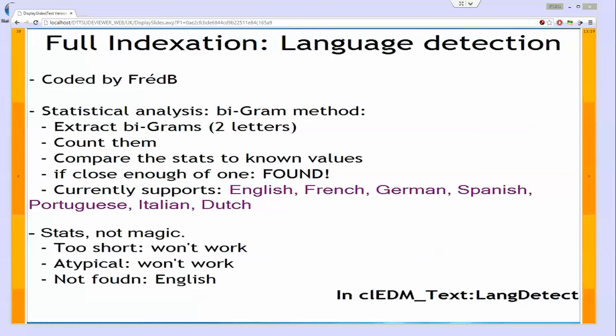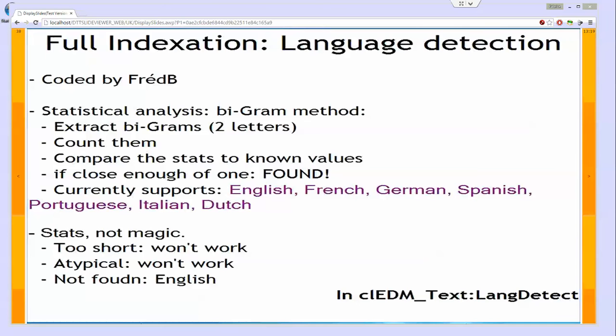He tried it also with the 3 letter at a time method, and he found out that he had better result with the 2. So he used that one. So basically in every word, like language by example, you would extract each and every group of 2 letters following each other. So you would have LA, AN, NG, GU, UA, AG, and GE.